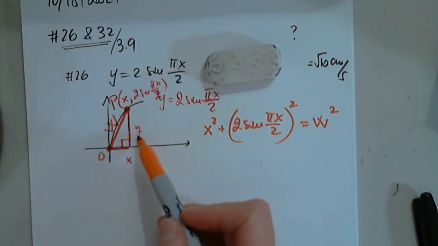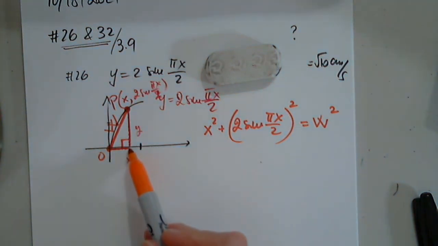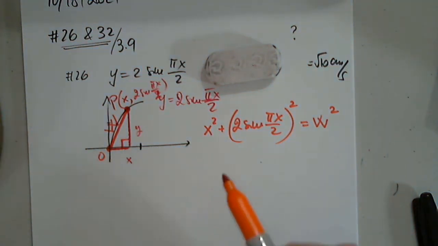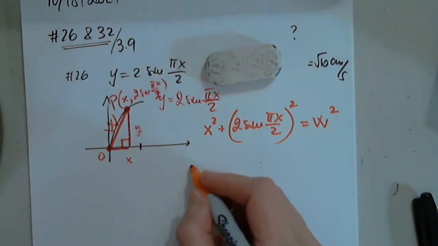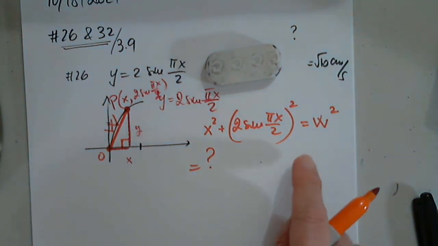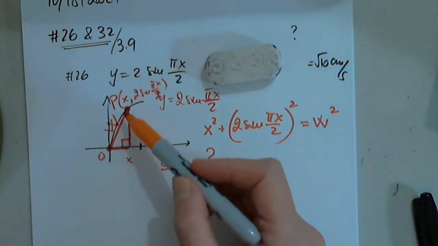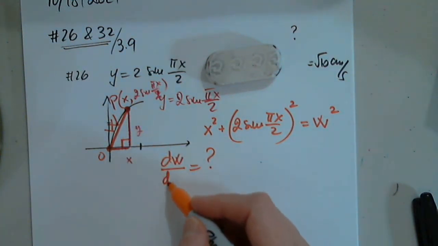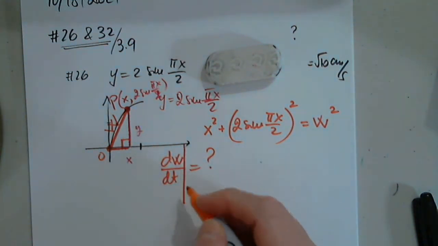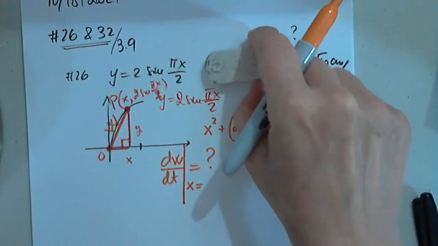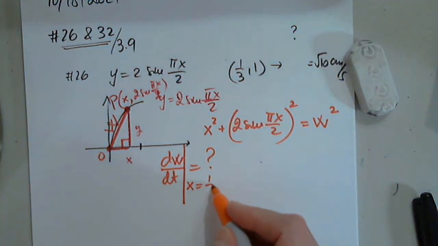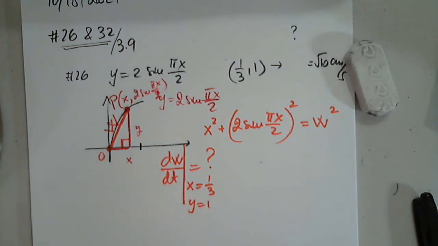But I know y is the function value for x. So one more time, what is the question here? Well, the question is to find the rate of change of the distance between the particle and the origin when x equals, now I can look, 1/3 and y equals 1.